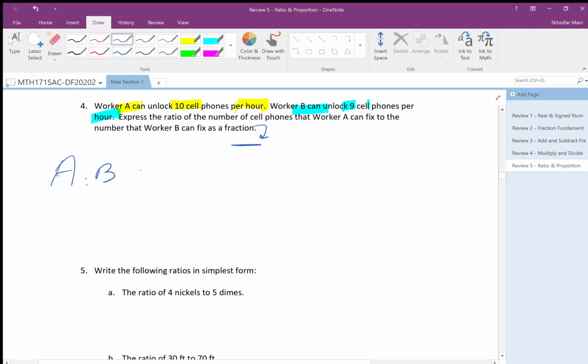A to B is 10 to 9, because it's 10 phones per hour to 9 phones per hour. So I have the same unit, so I can show it this over that.